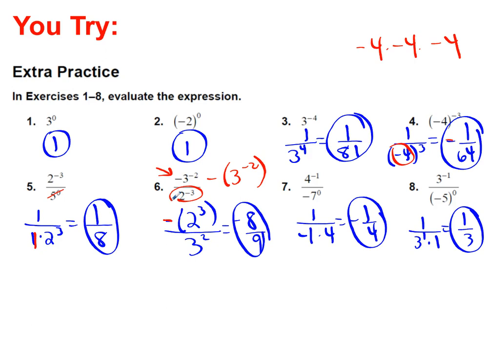On number 7, we had that negative again, which meant negative of 7 to the 0, which gave us negative 1. Then that 4 to the 1st came down since it had a negative exponent. For the last one, the negative was inside the parentheses, so negative 5 to the 0 is positive 1. Our 3 had a negative exponent, so it came to the bottom, leaving us with 1/3.